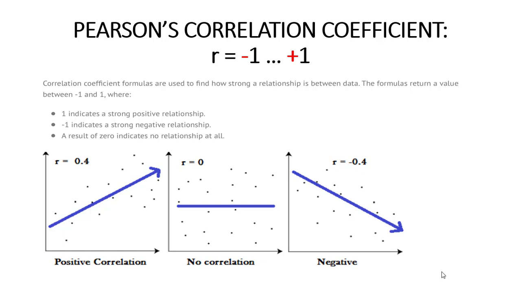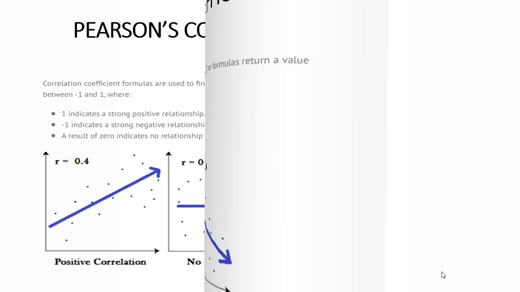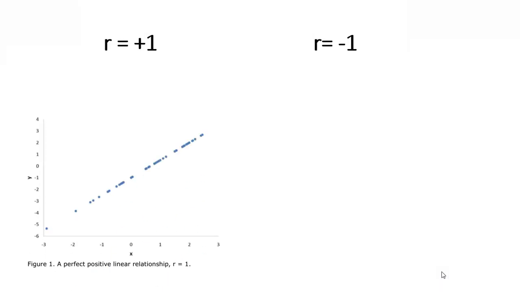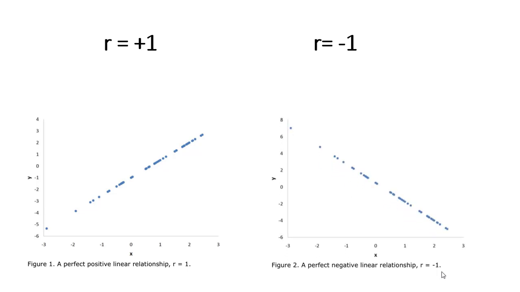You may be wondering, what does a correlation coefficient of 1 look like? So here, let me give you an example of a +1. This is going to be a set of points in the data that are in a perfect straight line, and notice it's an ascending line, while a Pearson correlation coefficient of -1 is going to be a series of points exactly on a line that is going down.